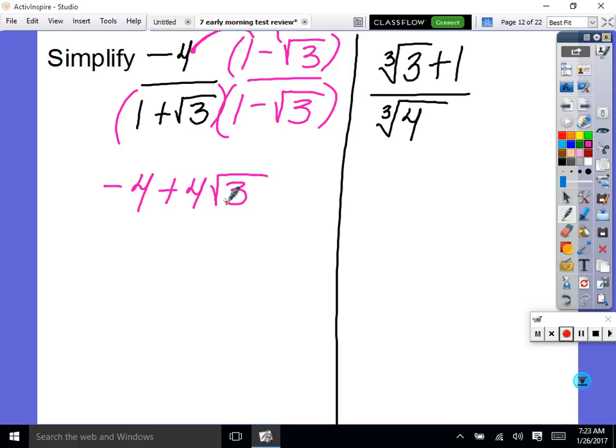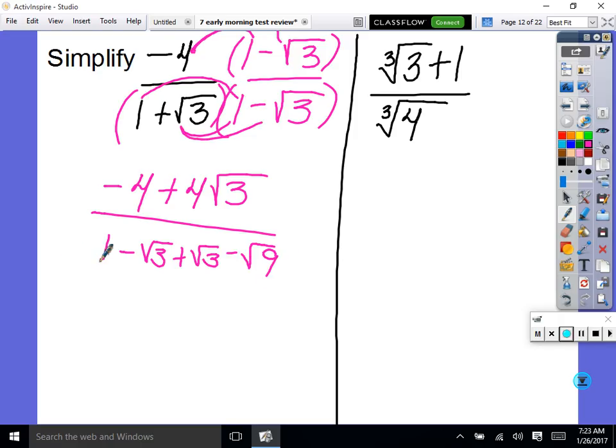Now we can't combine those because they're not alike. On bottom, 1 times 1 is 1, minus root 3, plus root 3, minus root 9. So that becomes 1 minus 3, correct? 1 minus 3, which is negative 2, right?